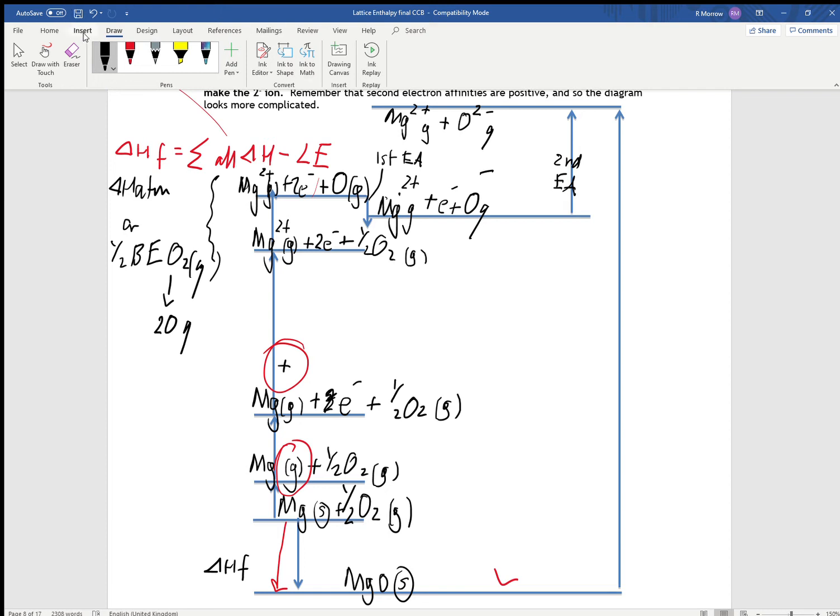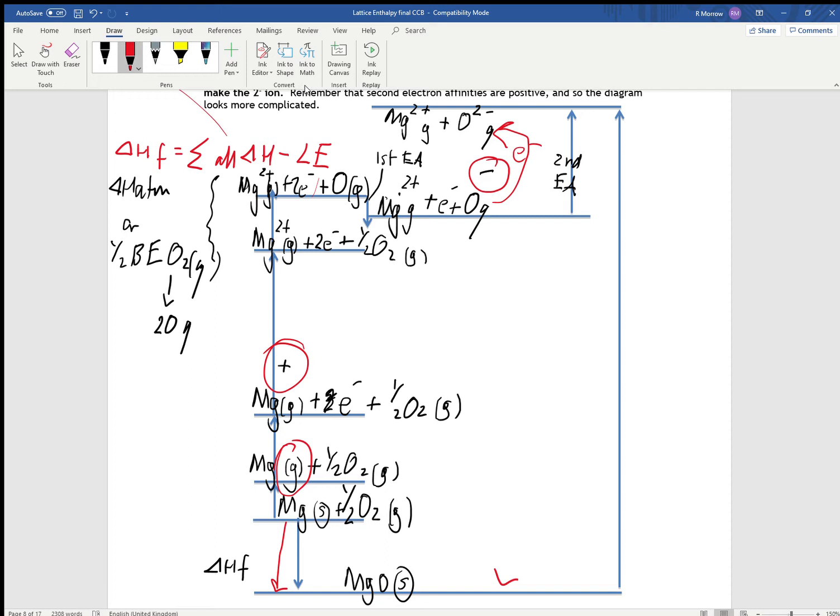Why does it require energy? If you're on the ball, you might have noticed that the oxide here is -1, and you're adding to it the second electron from the magnesium. So you're going to have negative to negative repulsions there. You have to overcome those repulsions, and that requires the arrow to go up because it's an endothermic process.